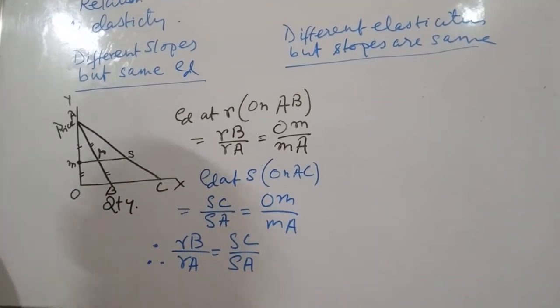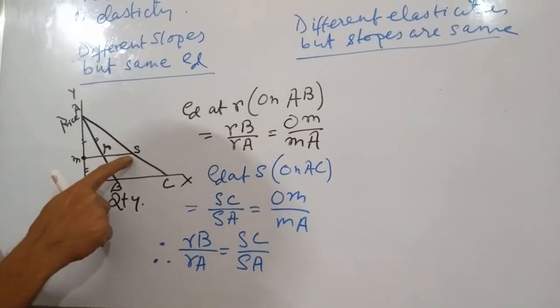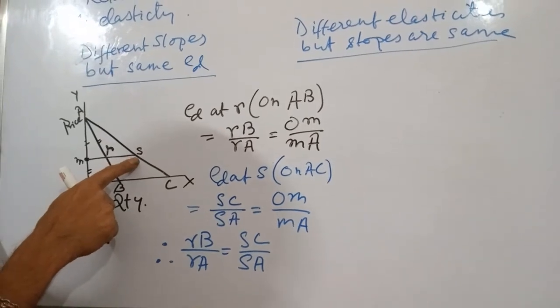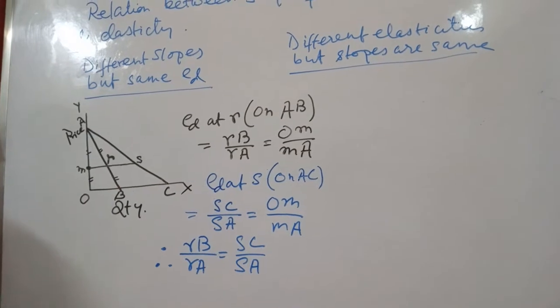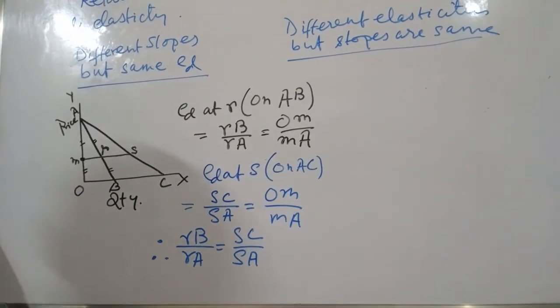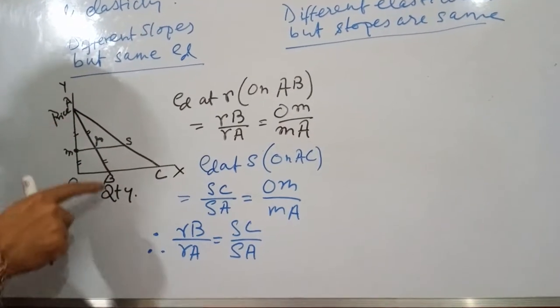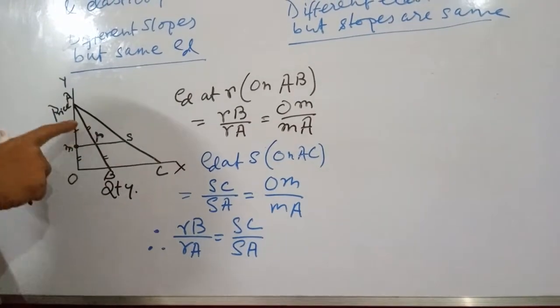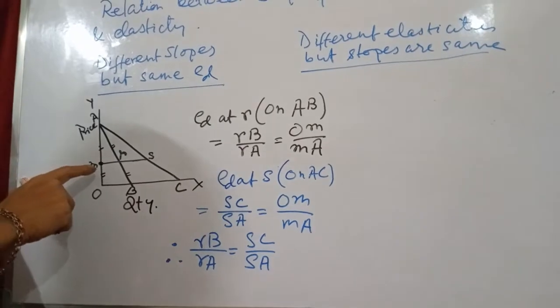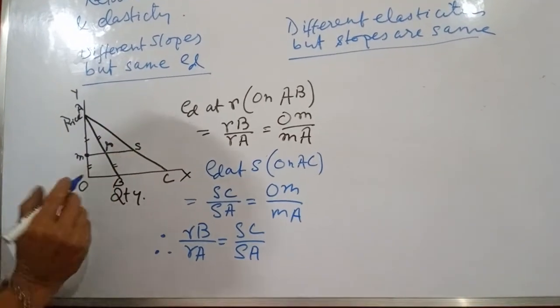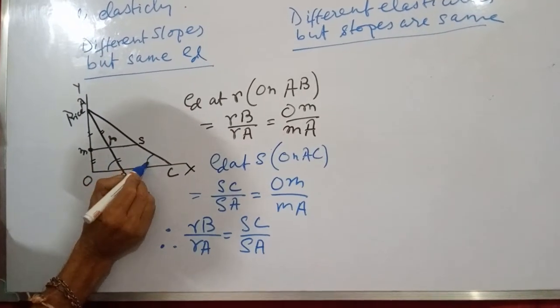This means elasticity at point S is equal to elasticity at point R. So these two demand curves have the same elasticities in spite of the fact that their slopes are different, because these angles are different.